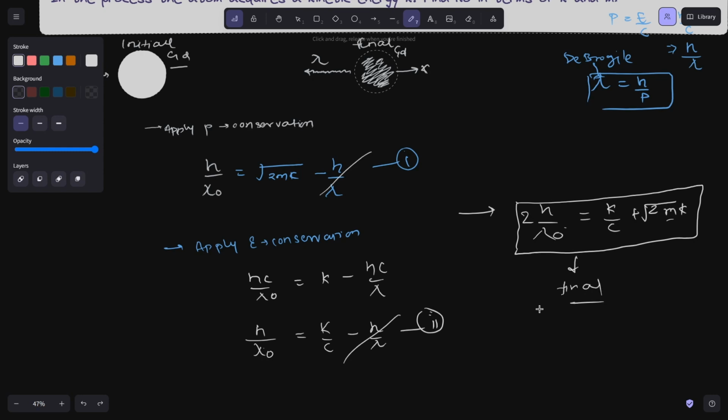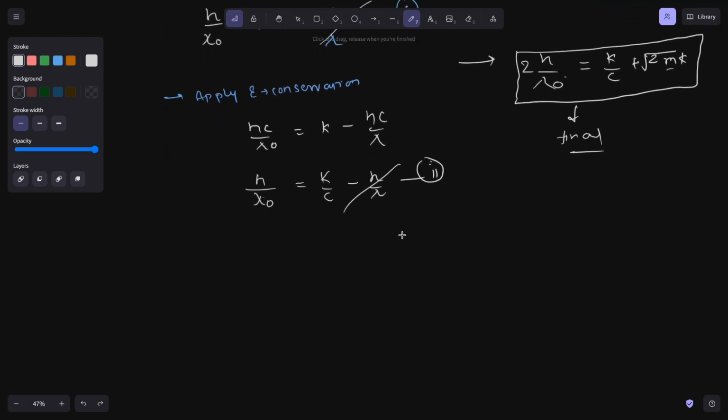This question was pretty easy and basically testing your basic concepts. Now the question arises why the system has gained kinetic energy in the direction opposite to the photon that is emitted. If you see the concept of a rocket, you would know that. Let us assume this is a basic rocket.